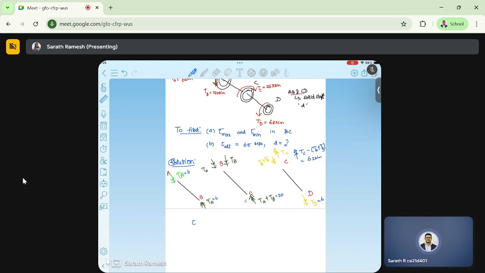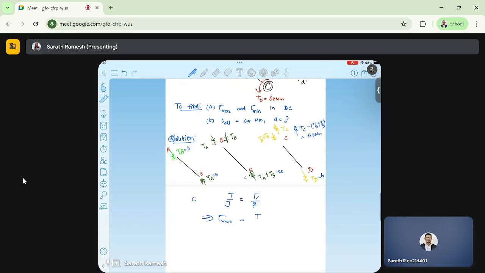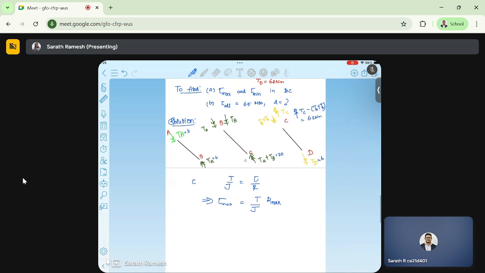So tau max, T by J equal to tau by R. So tau max will be T by J into R max. So T is 20. We just saw TA plus TB is the torque which is acting in BC.